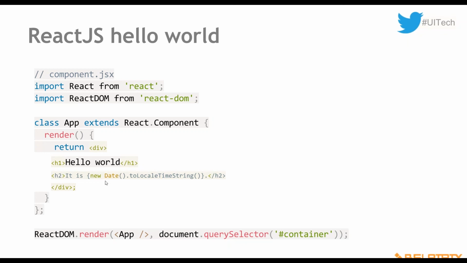We can have more functions defined in the class, but this is the minimum you need to render something. Then you call the render method of the ReactDOM object, and you pass the JSX of the class you defined as component and the element in which you want to render this component.